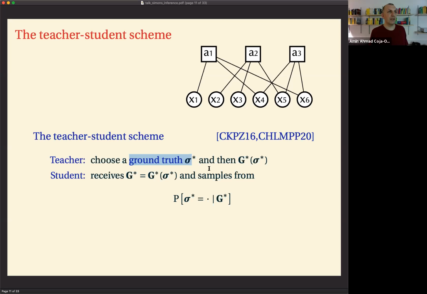Subsequently, the set of examples, the set of observations that the teacher produces, is encoded by a random factor graph drawn from the corresponding planted model. So the teacher chooses first the ground truth sigma star and then produces the examples for the students, which are encoded in this random factor graph.